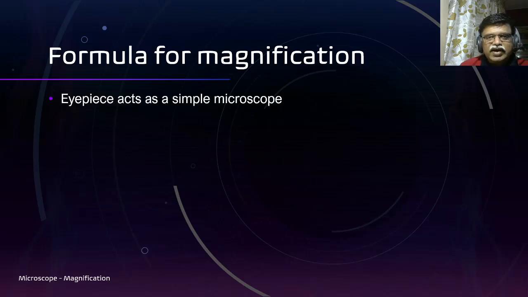Now we need to find out what is the magnification by the eyepiece. So the eyepiece here is acting as a simple microscope. Okay, we are keeping the image which is formed by the objective at the focus of the eyepiece.